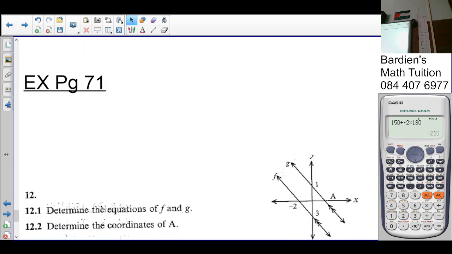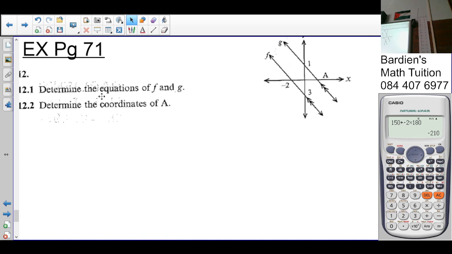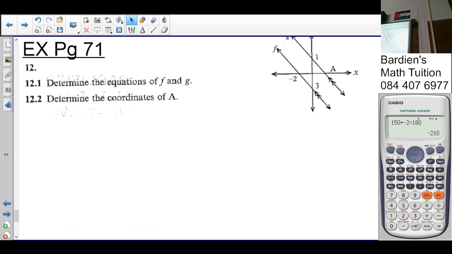So now we look at number 12. In question 12, we are asked to determine the equation of f and g. So if I'm looking at f, do I have 2 points as lying on f? Yes, I have. But what's the coordinate of this point here? Negative 2 and 0.